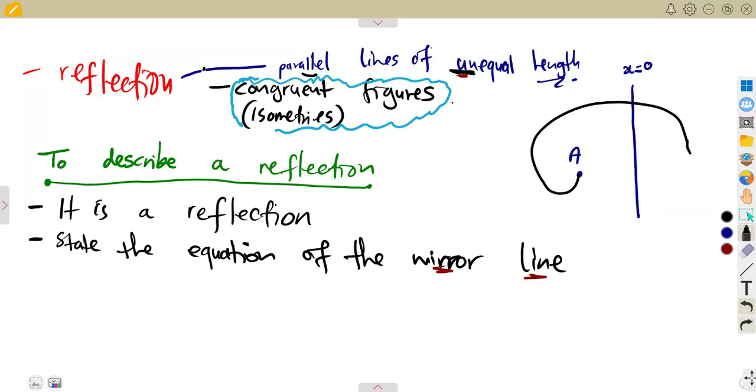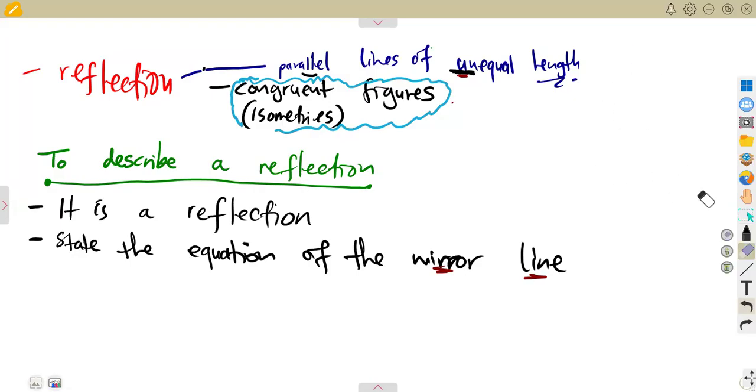So if this is A, maybe A1 is located somewhere there, across. Not that point A is here and its image is also this side. No, it won't be like that. We are going to talk about that in practice.